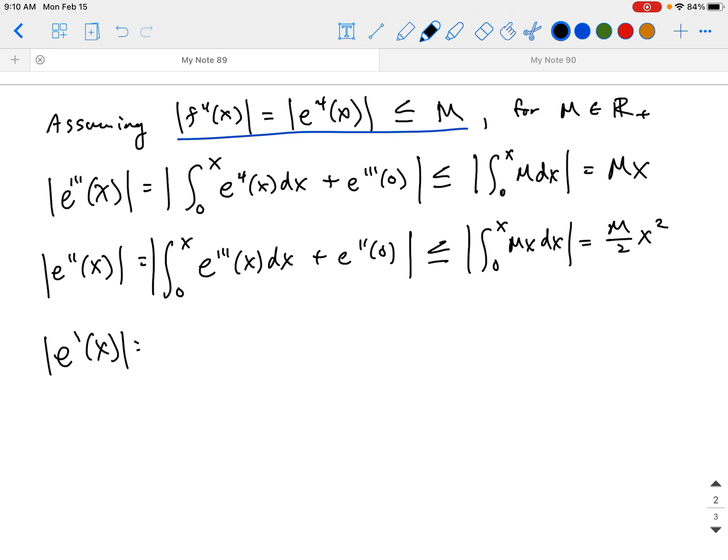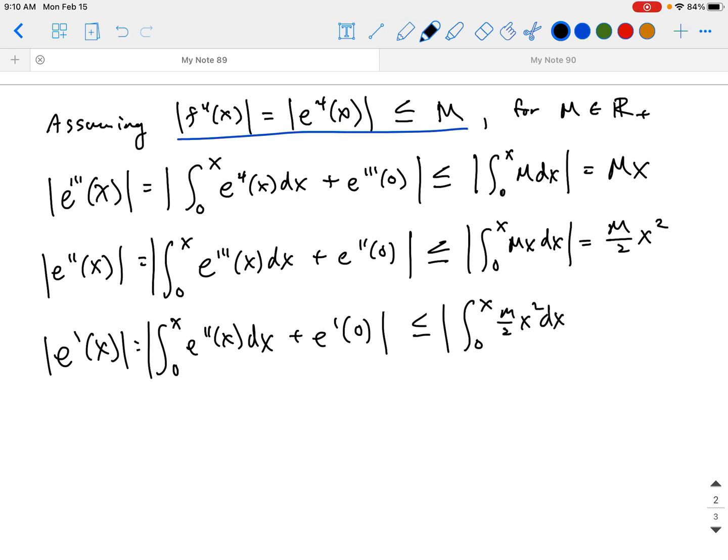Go back to e prime of x, same construction. We'll have the integral of e double prime of x dx plus e prime of 0, which is less than or equal to the integral of m over 2 x squared dx, which is equal to m over 3 factorial x cubed.